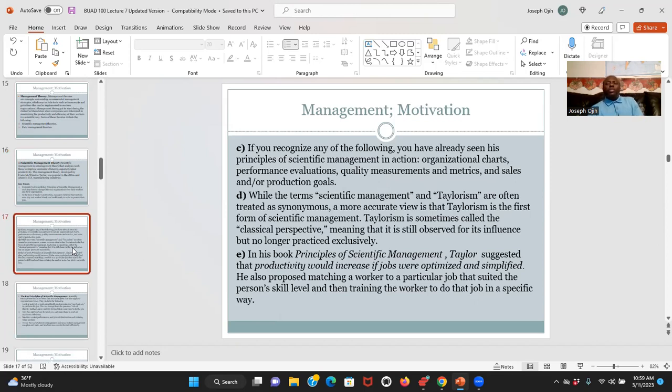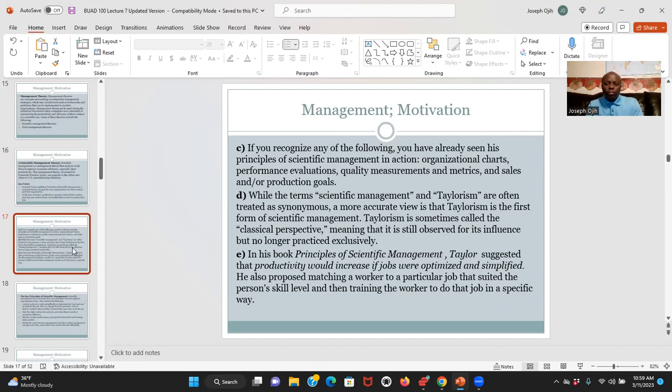There are things that you see today that are the product of the era of scientific management. When you see them today, you know that you have seen the principles described in the book by Taylor. Things like organizational charts that show the flow of authority, with the top management, the CEO, then the vice presidents, and so on.